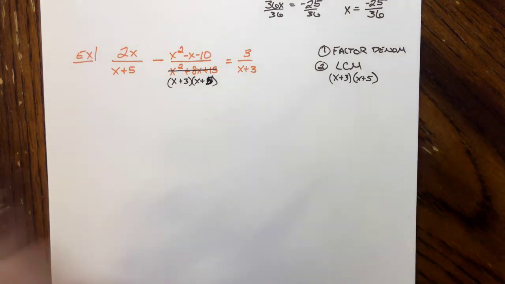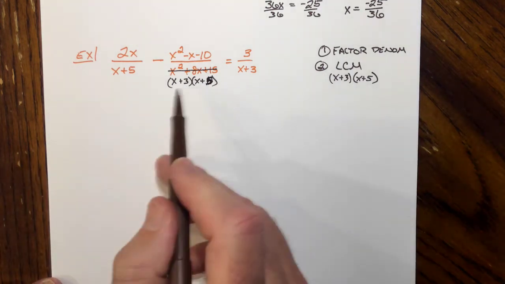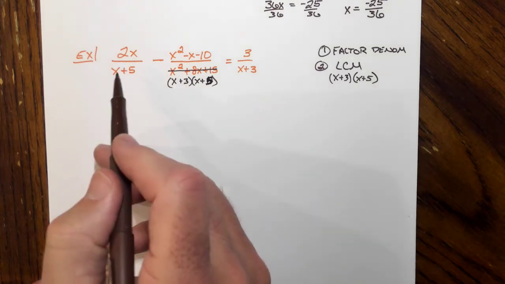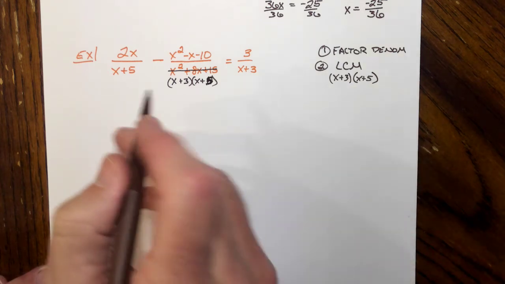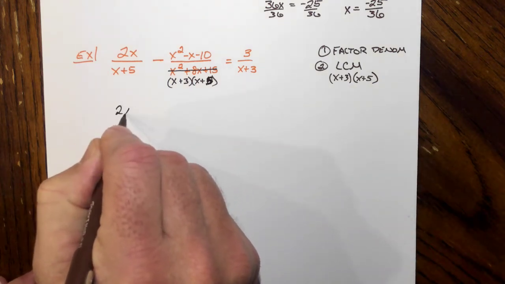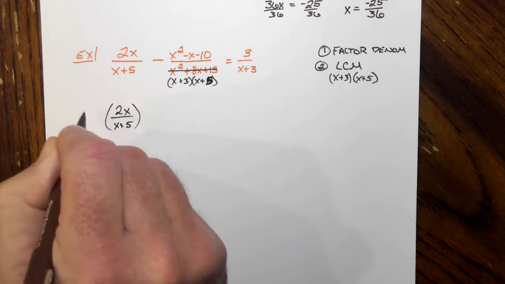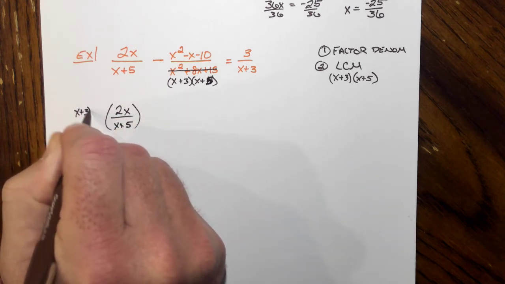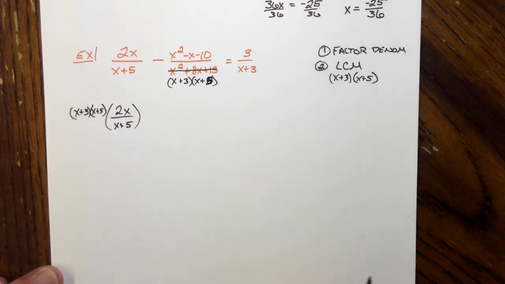So as I survey this whole problem, will this denominator have to change? If that's what we want, the answer is no. So all we've got to do is change this one and this one. So how are we going to go about doing that? Got to take that times there.